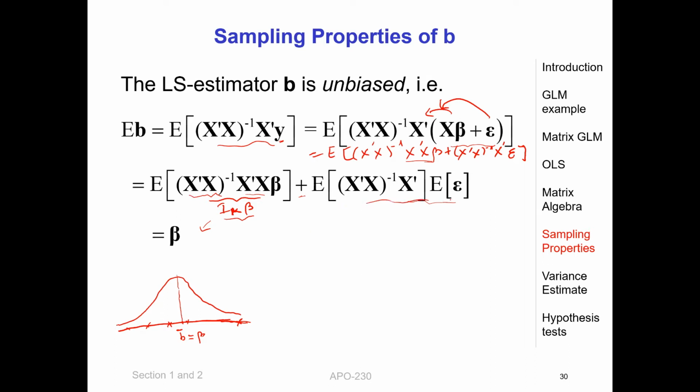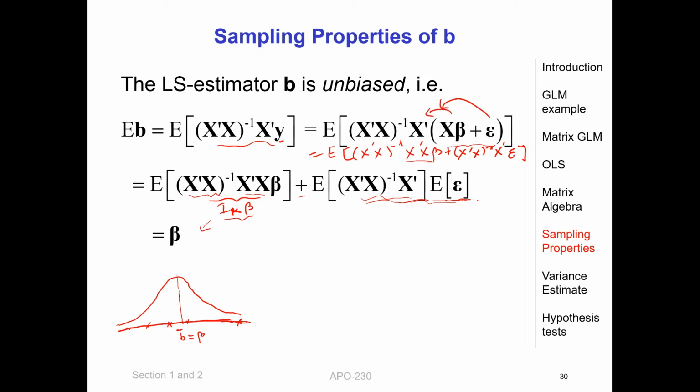Because remember from Gauss Markov assumption A2, we assume that the error and X are independent. So any function of X will not tell you anything about epsilon.